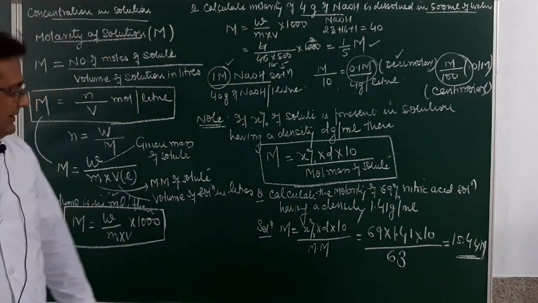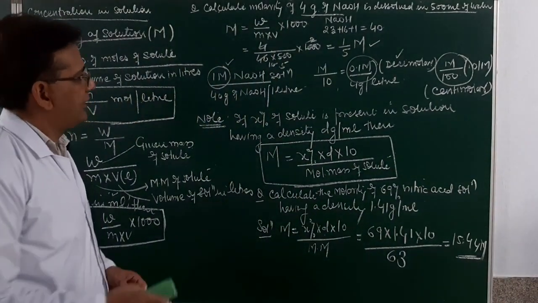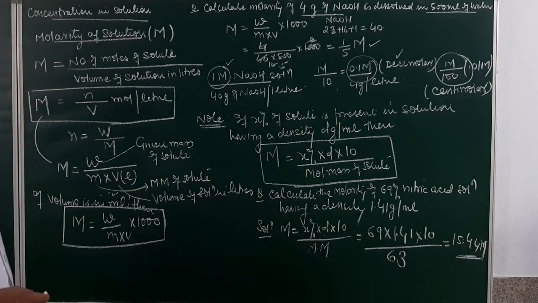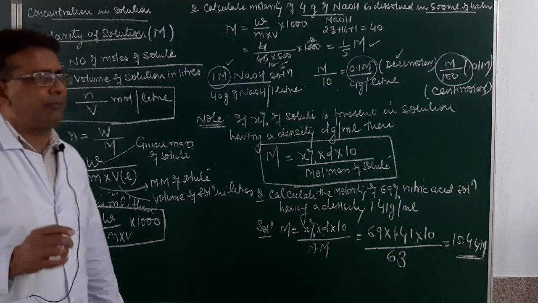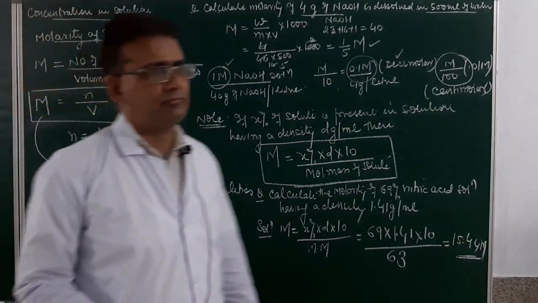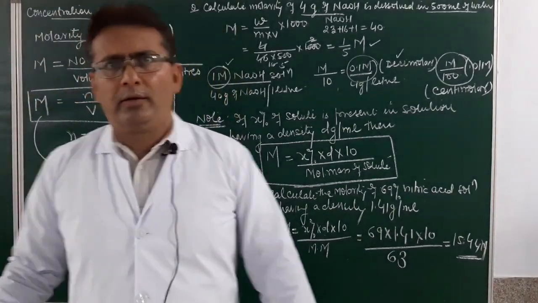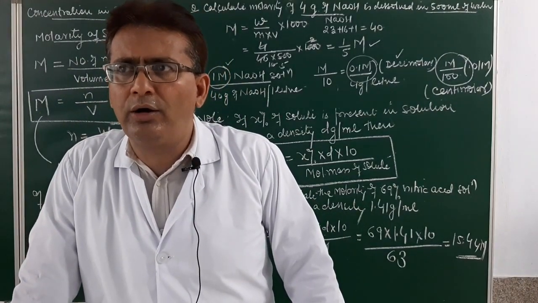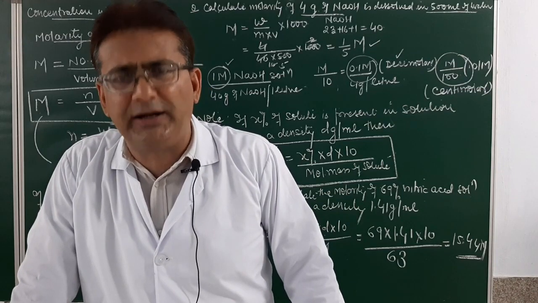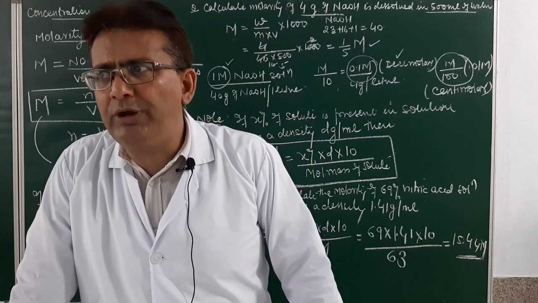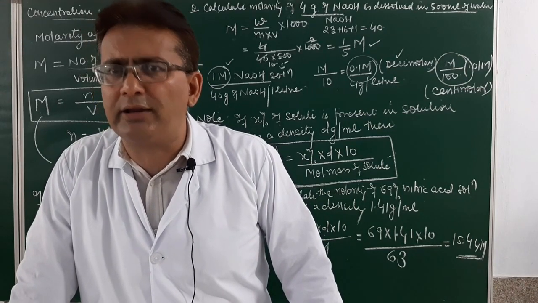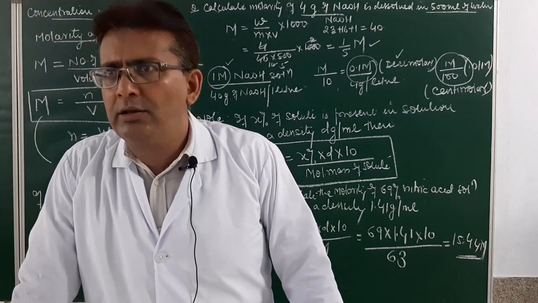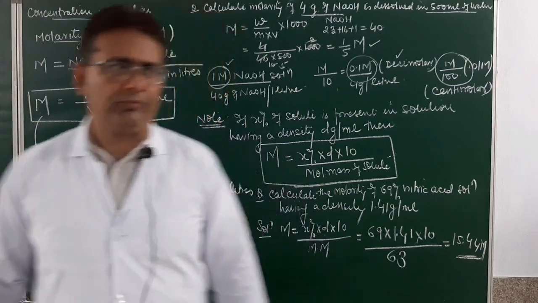Now, molarity of dilution. Another way of expressing the concentration of a solution will be the molarity of dilution. Suppose we have a solution of any component whose molarity is given, and we want to make another solution from the given solution of a desired molarity, then how do we prepare that solution?